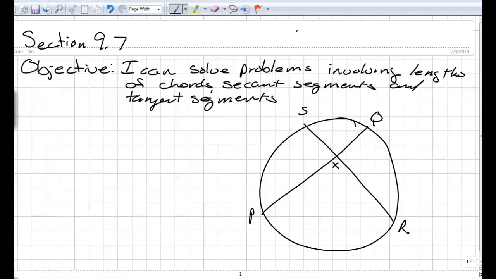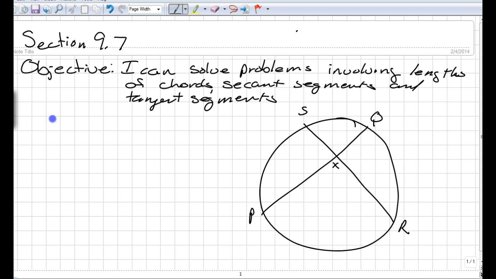Section 9.7. Our objective today is, I can solve problems involving lengths of chords, secant segments, and tangent segments. So we're going to start out with the chords. Notice that PQ and SR are chords of the circle in this picture.